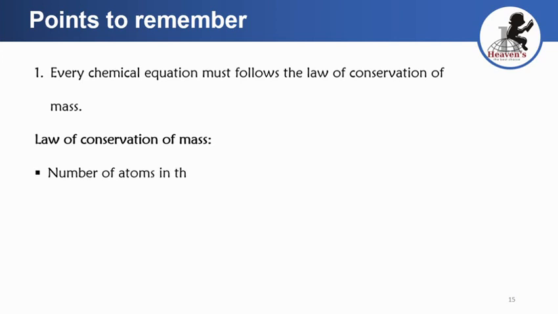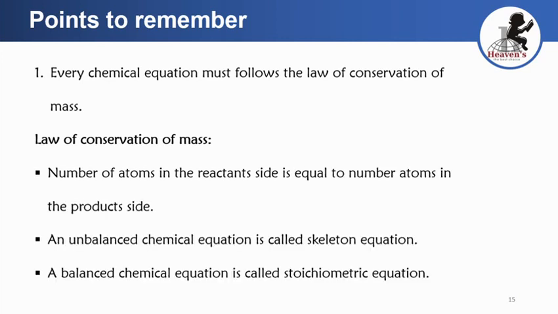So what is the law of conservation of mass? The number of atoms on the reactant side is equal to the number of atoms on the product side. An unbalanced chemical equation is called a skeleton equation, and a balanced chemical equation is called a stoichiometric equation.